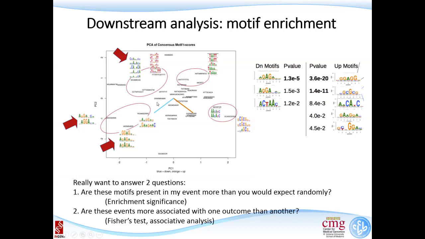And then the orange line corresponds to events where there's a new exon that's included compared to another group. And really, if you just see an association in this plot with the axis of those two lines, it can tell you essentially that a motif is associated with more exon or less exon.